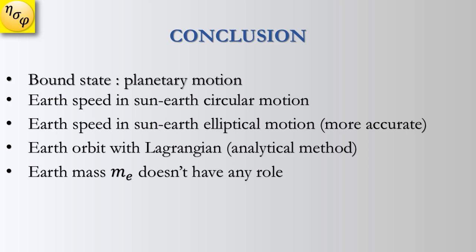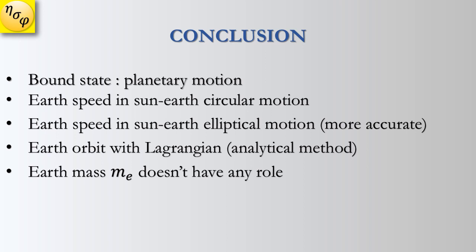In conclusion, we have learned about bound state of planetary motion. We have calculated the Earth speed in the simplest Sun-Earth circular motion. We have calculated the average speed using the next more accurate and realistic model, which is elliptical orbit. We have estimated Earth speed using analytical method, that is Lagrangian method.